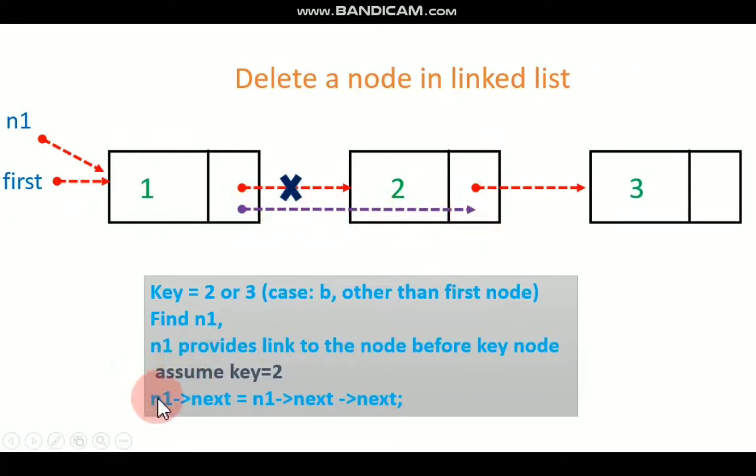So you need to write only one statement: N1 arrow next is equal to N1 arrow next arrow next. So this link is broken and N1 arrow next points to N1 arrow next arrow next. So now N1 arrow next is pointing to node 3. So automatically node 2 is deleted. So this is how you can delete a node.